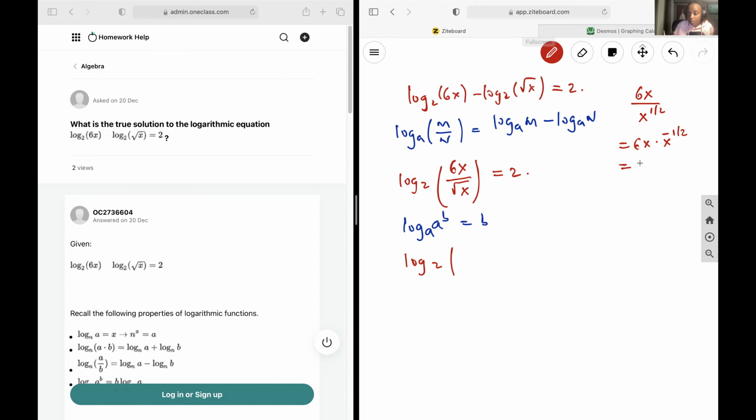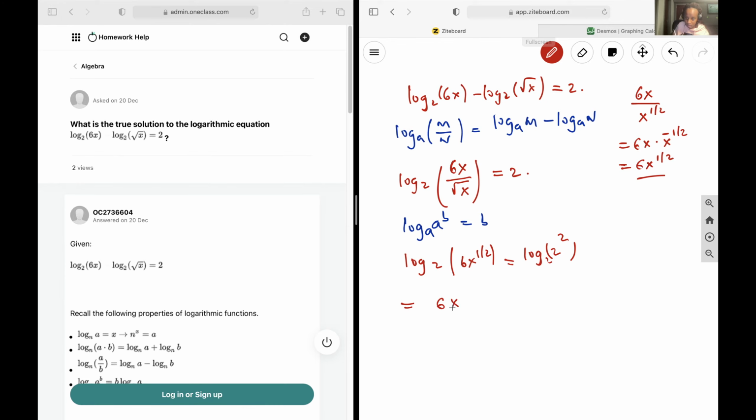And that is going to give us 6x to the power of 1 over 2, so 1 minus 1 over 2. So 6x to the 1 over 2 is equal to log 2 squared. This way we could get 2 as the answer.